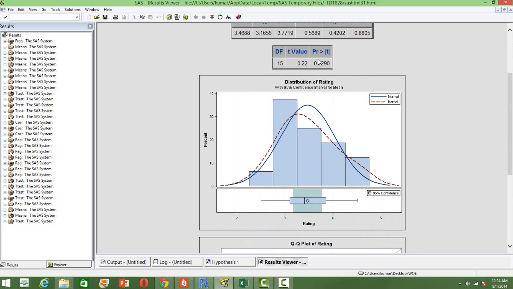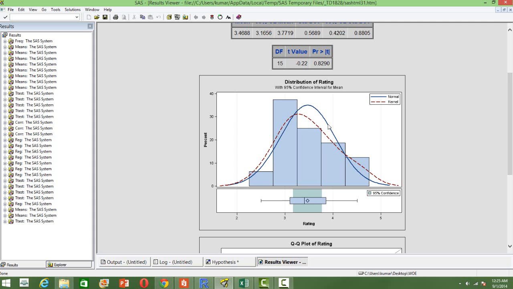How do we interpret the p-value? The interpretation of the p-value in this case is pretty much similar to what we have seen in other modeling techniques. If the p-value is greater than 0.05, so remember it correctly, because it could be confusing many times. 0.05 is because we are working at a 95% confidence level.